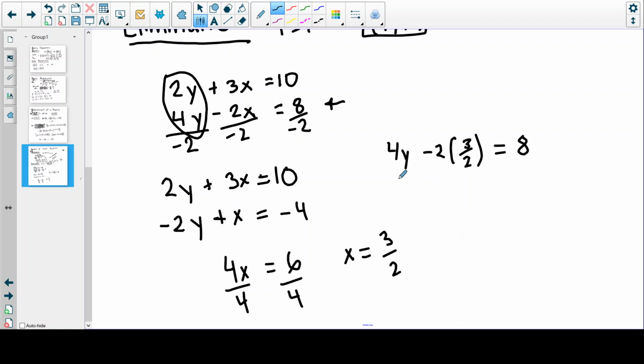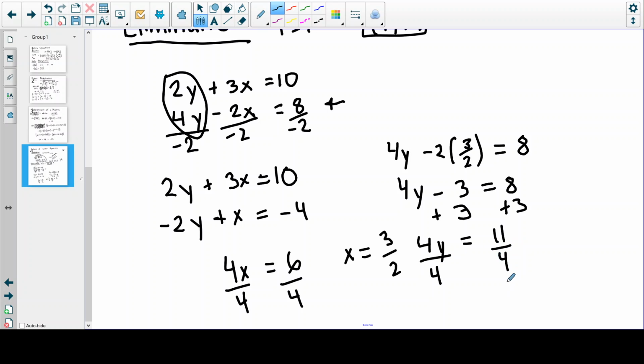And therefore you get 4y, let's simplify it, minus 3 equals 8. Take the 3 over. You get 4y equals 11. Take the 4 over. And so y equals 11 over 4.